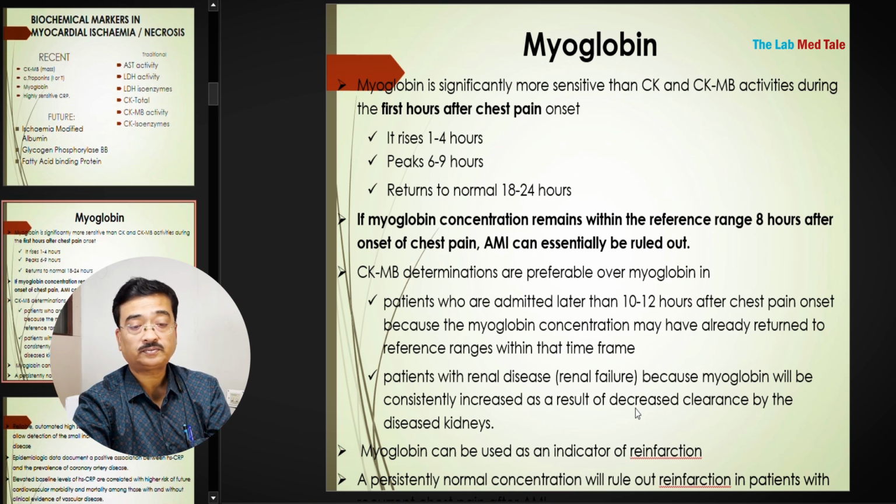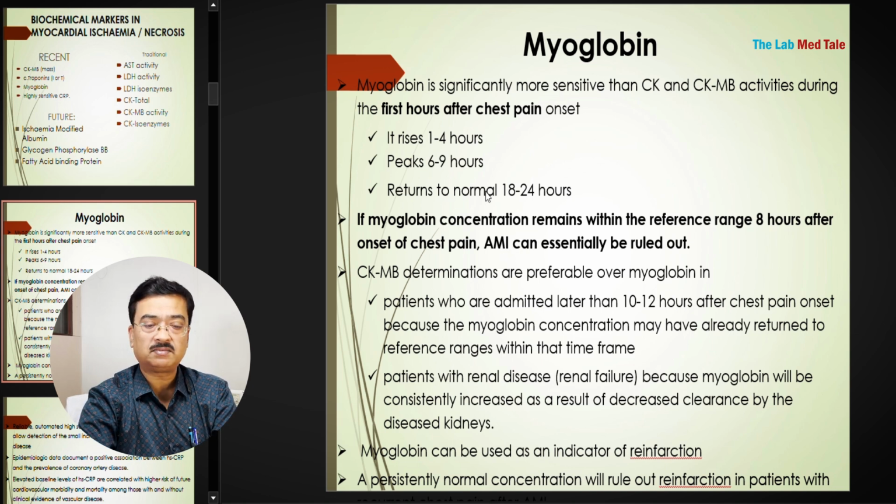Now we will be talking about those advanced markers, because in previous episodes I have already gone through the previous markers. First, myoglobin. This is one of the very earliest markers of chest pain. As I have shown you, it is mainly present in the cytoplasm, so it comes out in the blood first. It is released within 1 hour of the myocardial infarction.